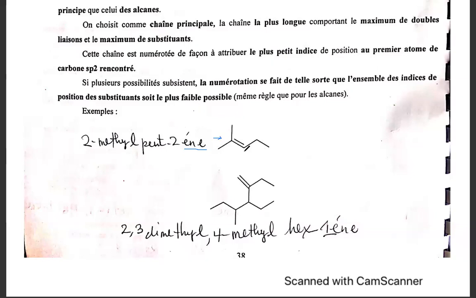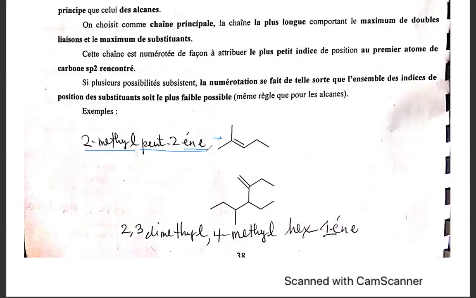Now we are also going to look at rule number 2 that states we are first supposed to look at the double liaison, then later on define where the substituent is found. Now, fortunately enough, the substituent and the double liaison are found at the same position. So this is position number 2. When naming any organic compound using the IUPAC nomenclature, we always start with the substituent, then we go to the parent chain.